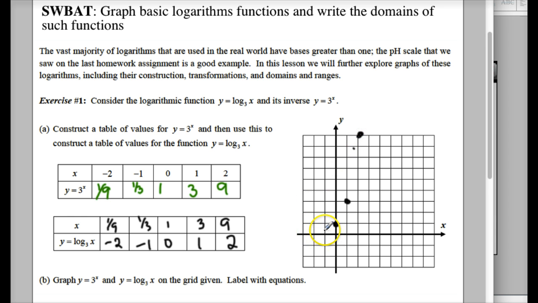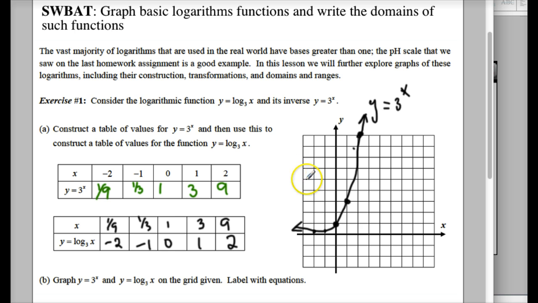At negative 1 it is 1/3, which is close to the bottom, and then here. Your graph will look way better than mine, but this will be our graph of y equals 3 to the x.